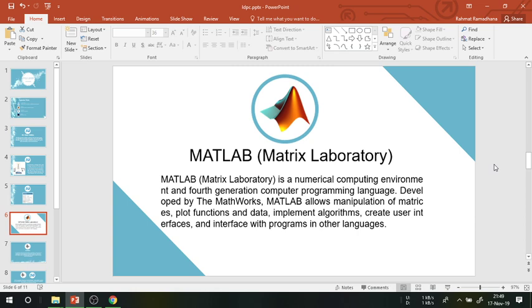MATLAB, or Matrix Laboratory, is a numerical computing environment and a fourth-generation programming language developed by MathWorks. MATLAB allows manipulation of matrices, plotting of functions and data, implementation of algorithms, creation of user interfaces, and interfacing with programs in other languages. In MATLAB, we can create a replica of 5G modulation.